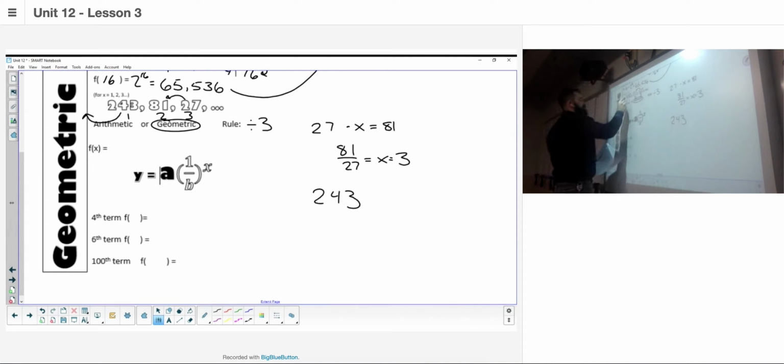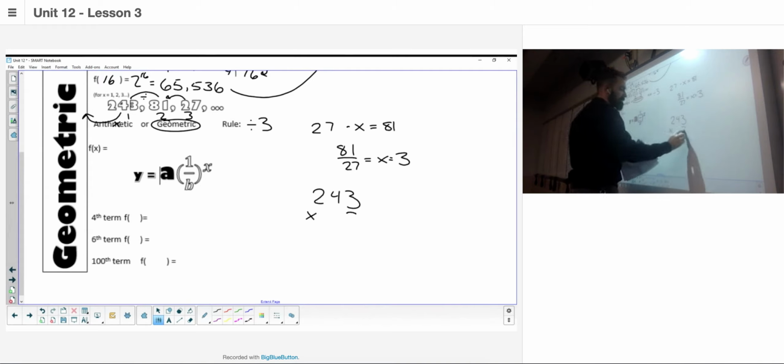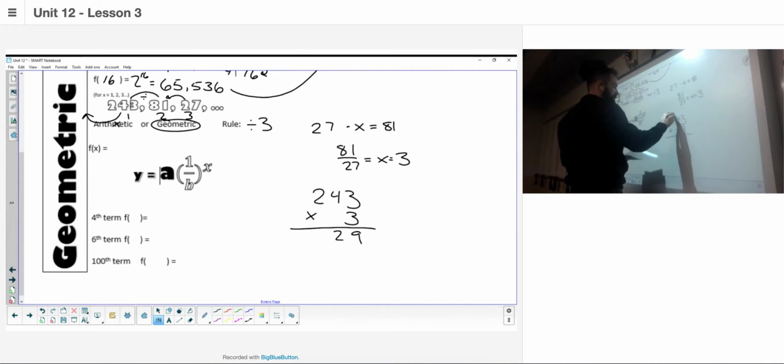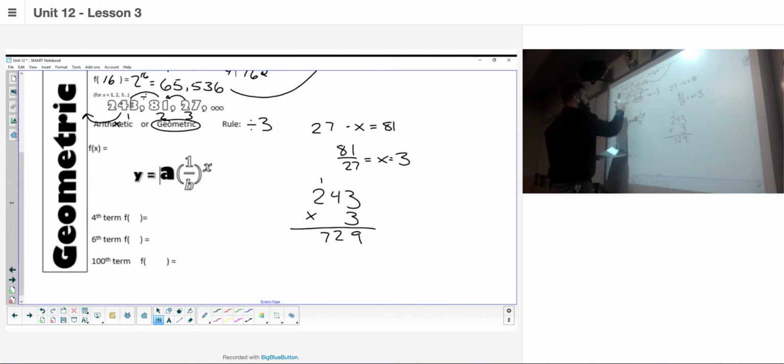Since going this way we are dividing, this way we have to multiply. So we need to multiply 243 times 3. 3 times 3 is 9. 4 times 3 is 12. 3 times 2 is 6 plus 1, 7. So term 0 is 729.